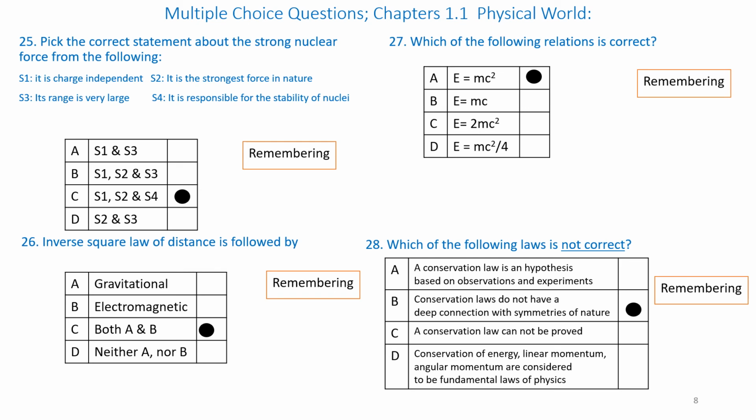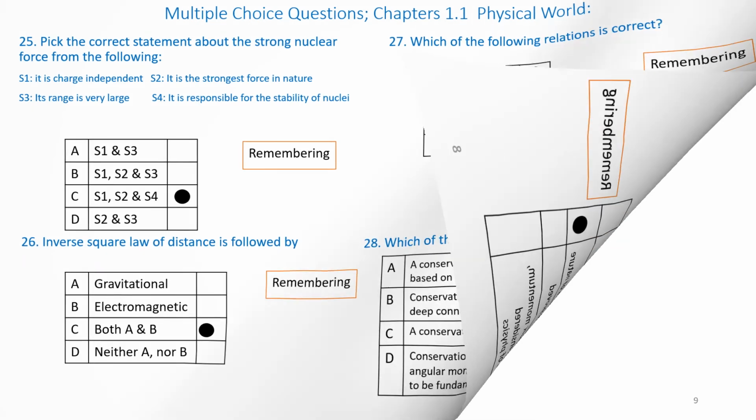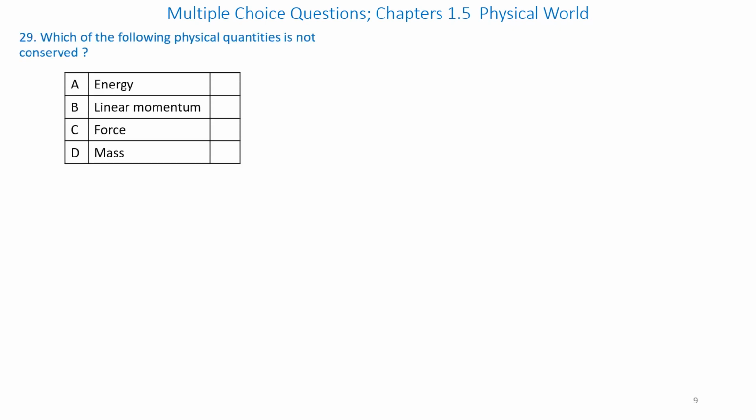So let us go for the next question. Question number 29. Which of the following physical quantities is not conserved? A. Energy, B. Linear momentum, C. Force, and D. Mass. So we have to remember that force is not a conserved quantity.